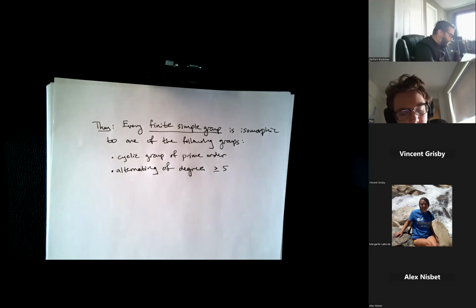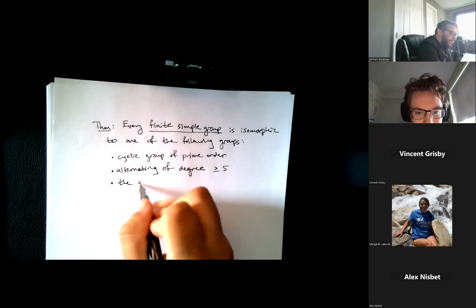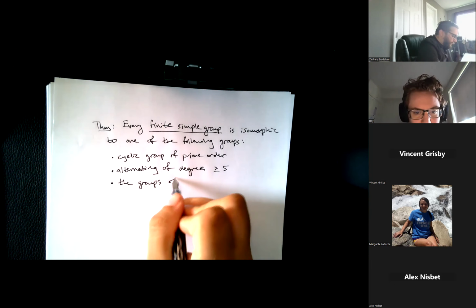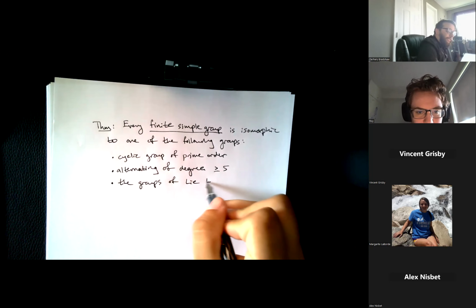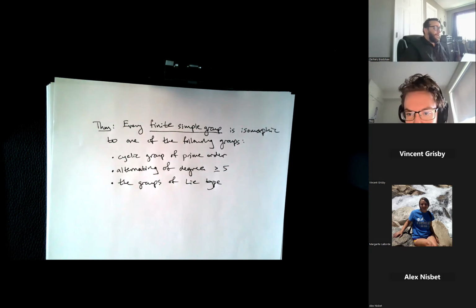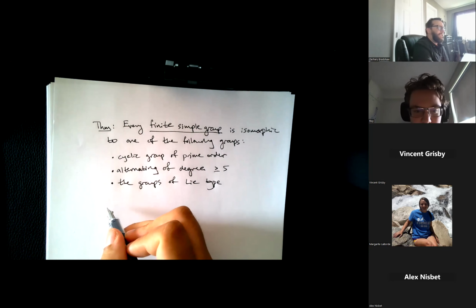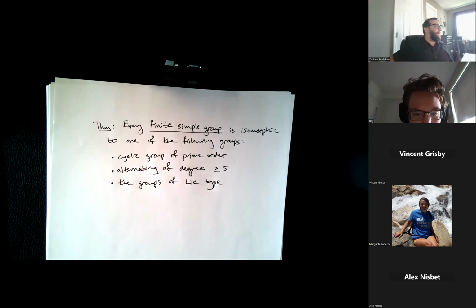And there's also what are called the groups of Lie type. And I don't know anything about these. I assume they're not the same thing as Lie groups, which are in general not finite groups. In fact, I think every finite group is a Lie group. So they're not.